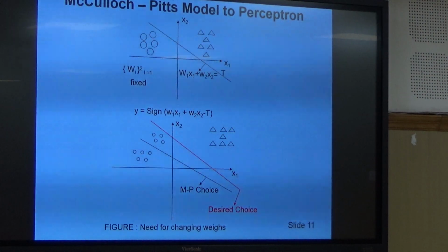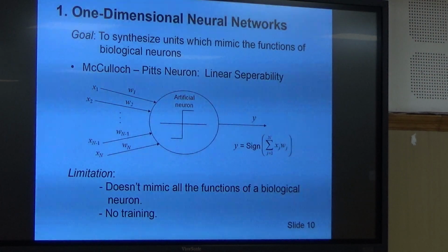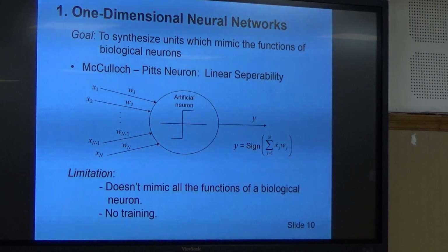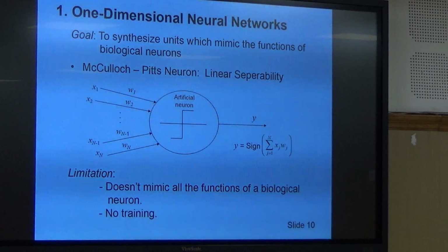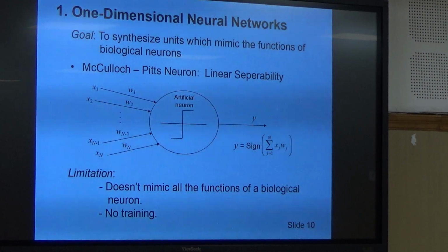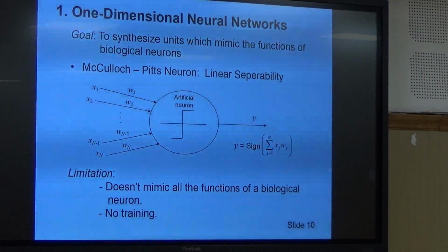So McCulloch and Pitts proposed this model, I think 1949 or something like that. What they were doing is, they were conceiving of an artificial neuron which does classification by means of a linear function, namely a line, plane or a hyperplane. It's a linear function.